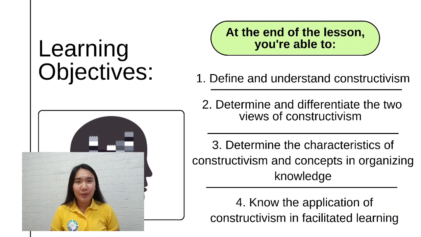I have here presented to you our learning objectives, wherein at the end of the lesson, you are able to define and understand constructivism, determine and differentiate the two views of constructivism, determine the characteristics of constructivism and concepts in organizing knowledge, and the last one is to know the application of constructivism in facilitated learning.